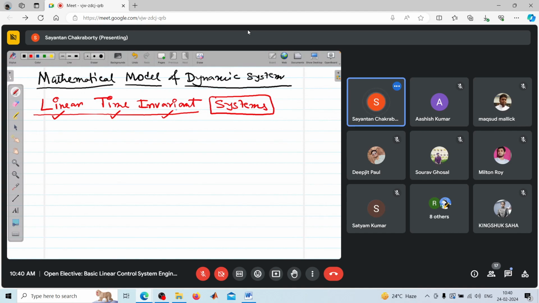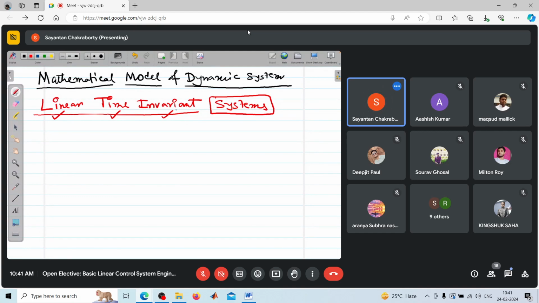So obviously there is a question of compromise. That is how much compromise you're making in terms of accuracy to achieve simplicity or to facilitate your modeling process. Obviously, you can argue why you should represent a nonlinear system by its linear model. I'll try to address this issue later in the class.